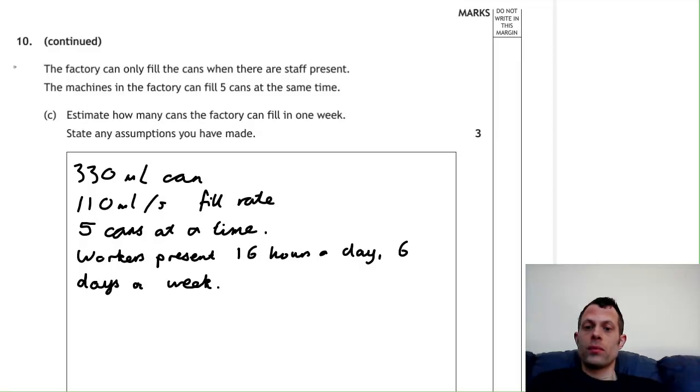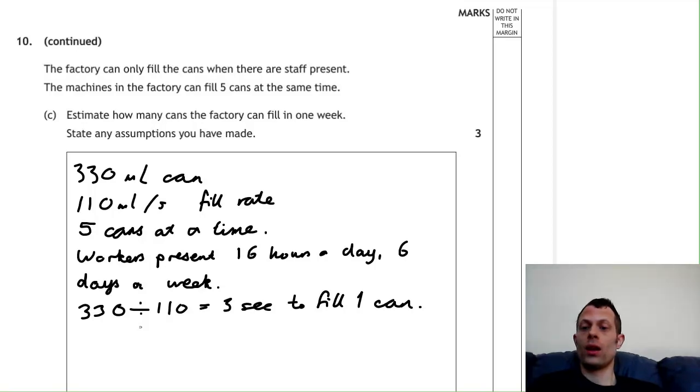So that's the information we need, so now let's calculate whatever we can. We could start by saying, how long does it take to fill one can? 110 milliliters per second is the fill rate. The can is 330 milliliters, so that is 3 seconds to fill one can.